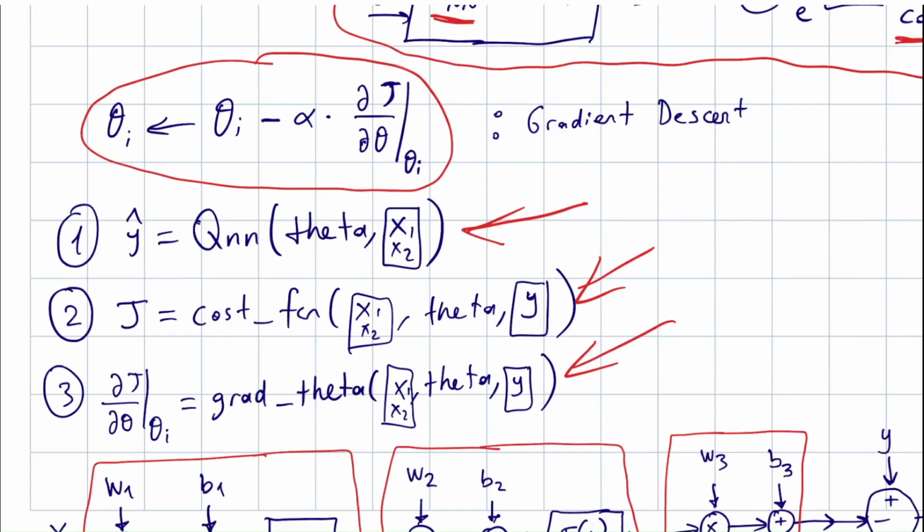What does it mean? It means this term, the derivative of cost with respect to theta evaluated at the current value of theta, and people call it the gradient of theta. We will talk about this function, and this will be the main part of it.